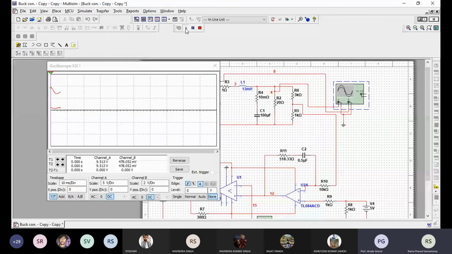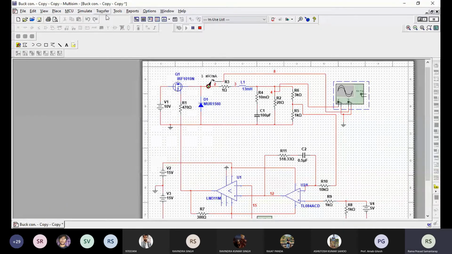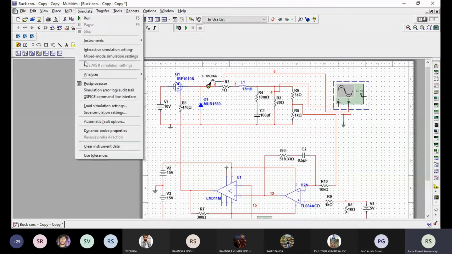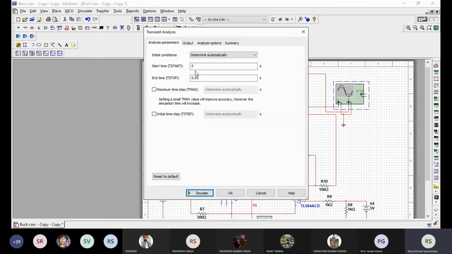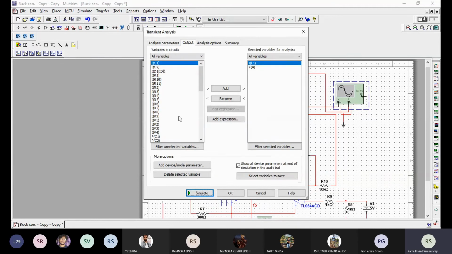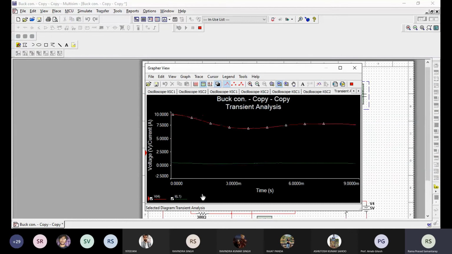So this is your output waveforms of the CRO, and using this analysis, as I have already told you, I have done previously. Using transient analysis you can see the output current through the inductor and the output voltage. Okay.